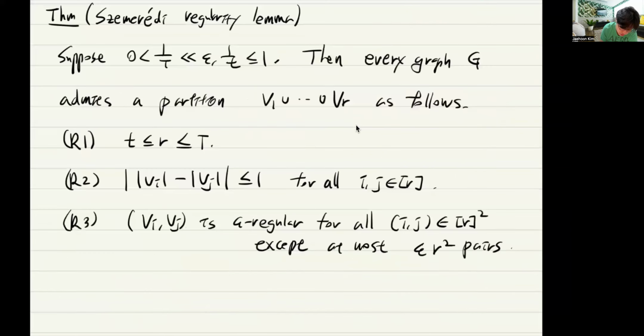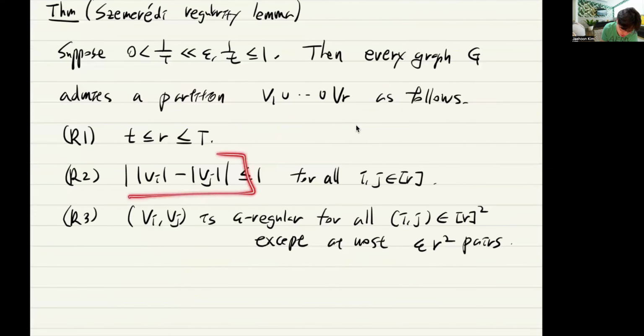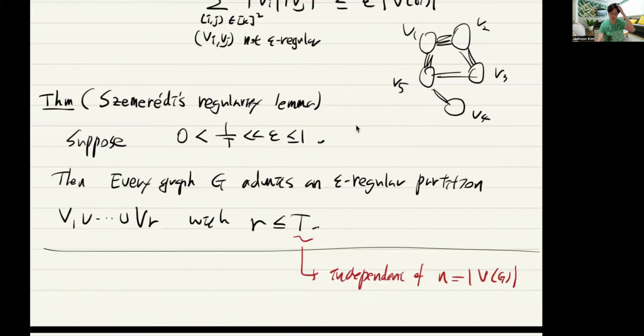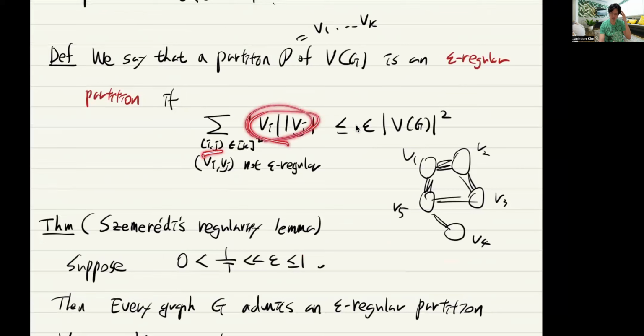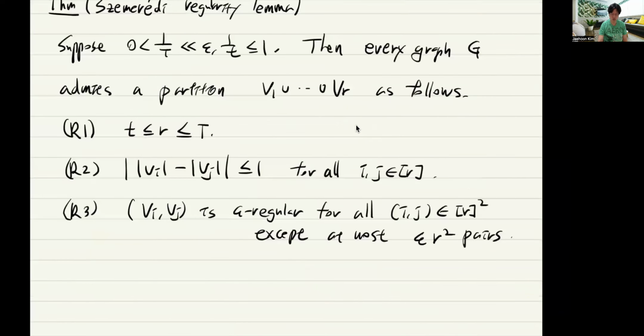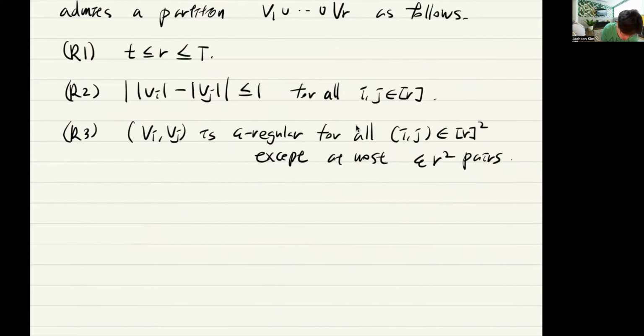But here we can further ensure that they all have almost the same size. And we can count the number of pairs which are not epsilon regular, because now all the sets have the same size. So for each pair, the contribution is almost the same, and this bound is almost the same as bounding the number of pairs. This is a more organized form of the regularity lemma.